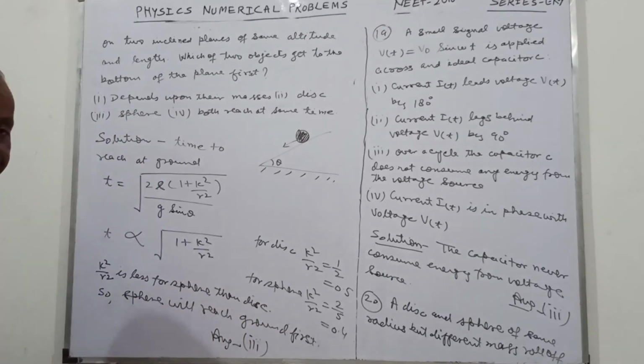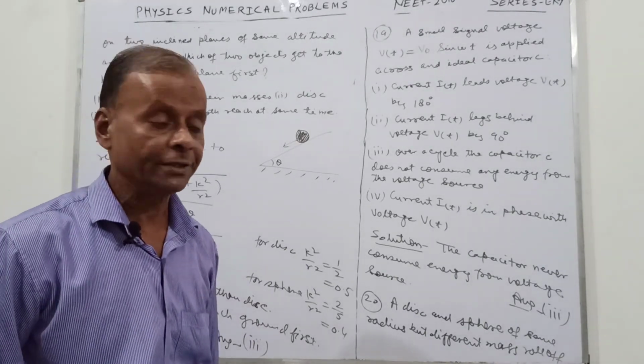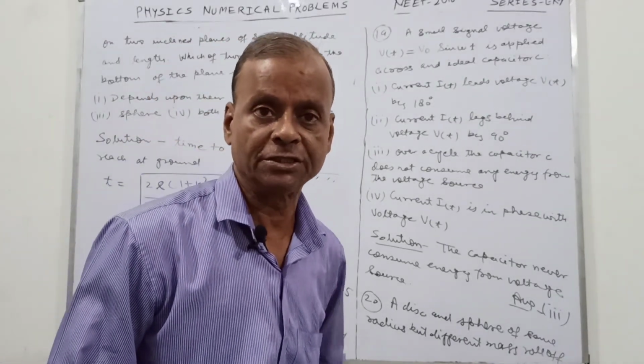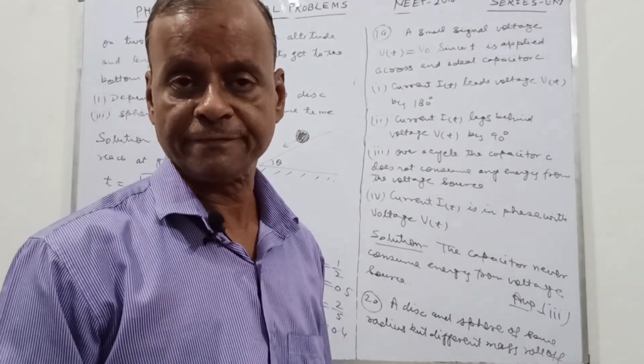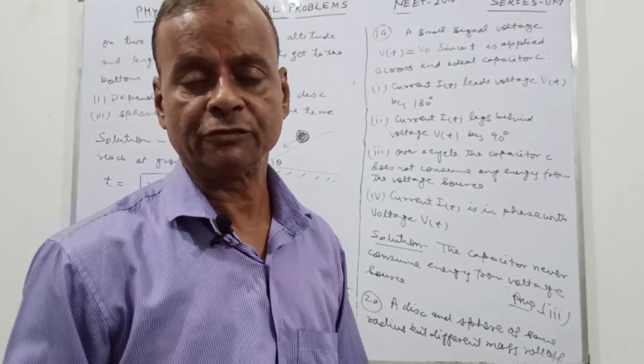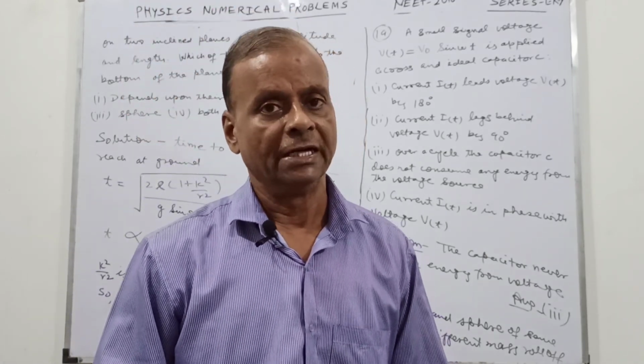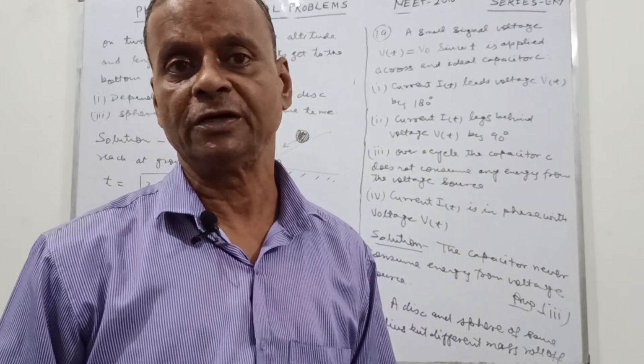So in this way, this is the direct application of the inclined plane on which the body rolls. And just remember the time taken by the body to reach the ground, and then you find the value of k squared upon r squared.